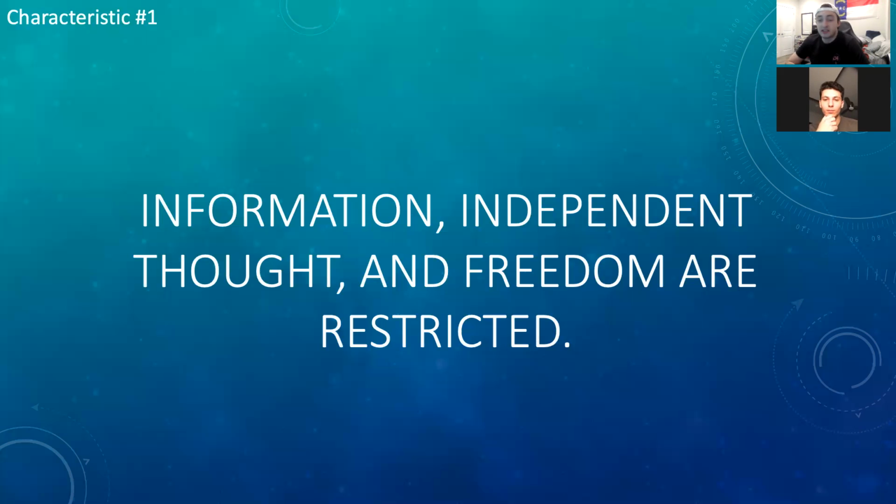So I also thought about this from the robot's perspective. This characteristic, that information, independent thought, and freedom are restricted, can also apply to the robots. They're restricted to the 3 laws of robotics, which ends up leading to, well, we all know what happens. The difference between Sonny and the rest of the robots is that his independent thought and freedom aren't as restricted, and that's because Dr. Lanning allowed that for him.